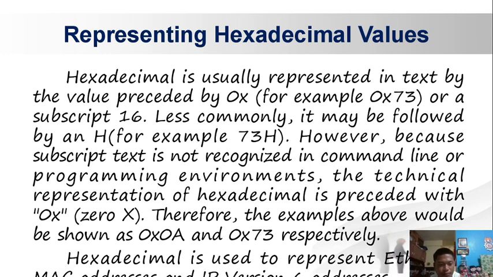However, because subscript text is not recognized in command line or programming environments, the technical representation of hexadecimal is preceded with 0x. Therefore, the examples above would be shown as 0x, 0A, and 0x73 respectively. Hexadecimal is used to represent Ethernet MAC addresses and IP version 6 addresses.